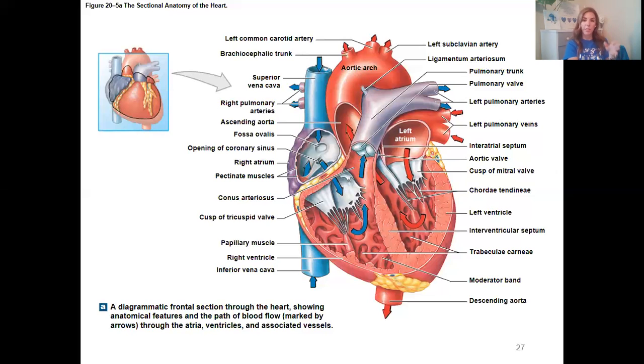If you need to pause right here and go through it a couple more times, then I highly encourage you to do that. When you are getting ready to take your test, you want to make sure that you can identify all of the different steps that the blood is going to take, all of the different structures that it has to go through, so that you're ready for any questions that could come your way.